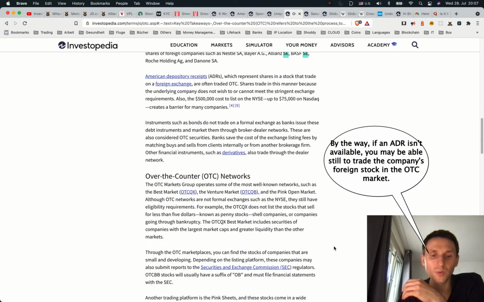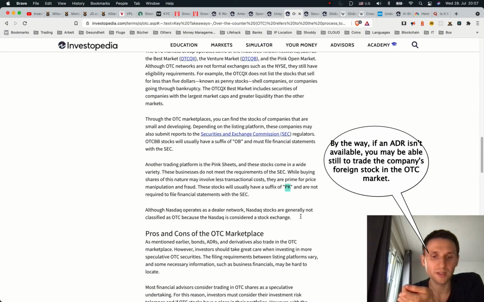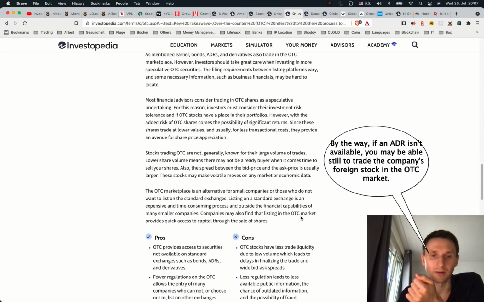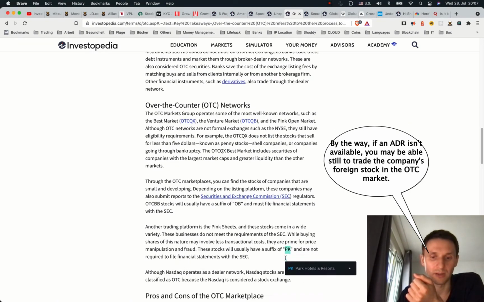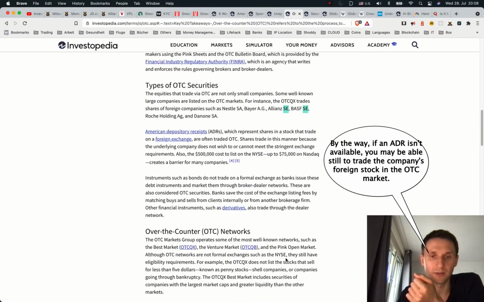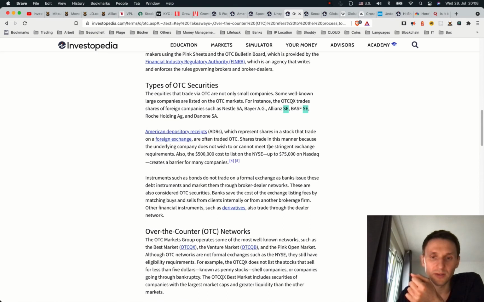The problem is with centralized exchanges, to be listed, it costs a lot of money. For example, you can see it here. To be listed on New York Stock Exchange, a company needs to pay $500,000 to $100,000, and on Nasdaq it's $75,000.